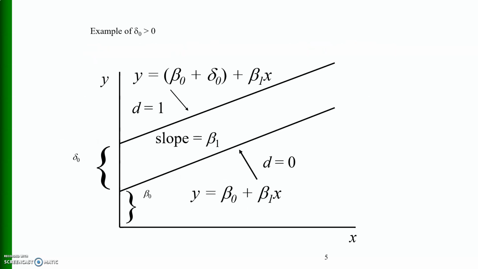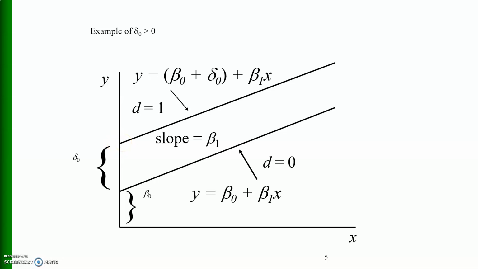Here in this diagram you can see, if d is equal to 0, then this is the regression line where y is equal to beta naught plus beta 1 x, and if d is equal to 1, then the intercept is shifted from beta naught to beta naught plus sigma naught. So beta naught plus sigma naught is the intercept now, and x is the continuous variable in both cases. So this dummy independent variable shifts the intercept from beta naught to beta naught plus sigma naught.